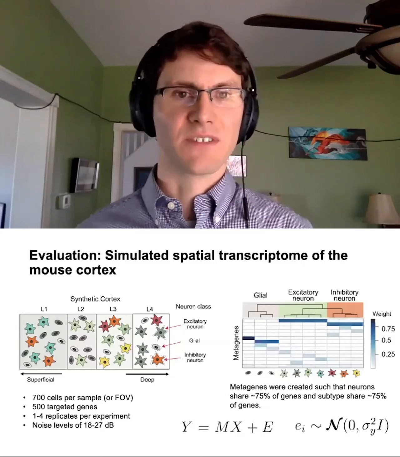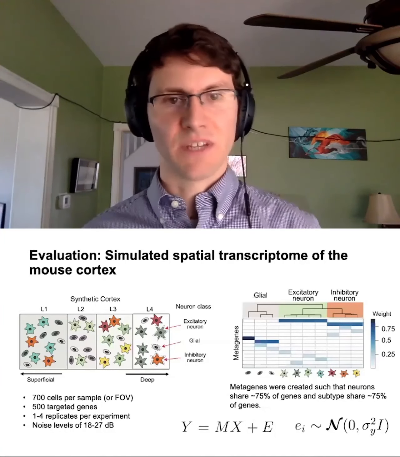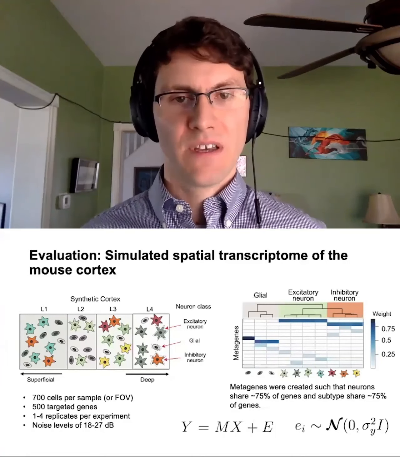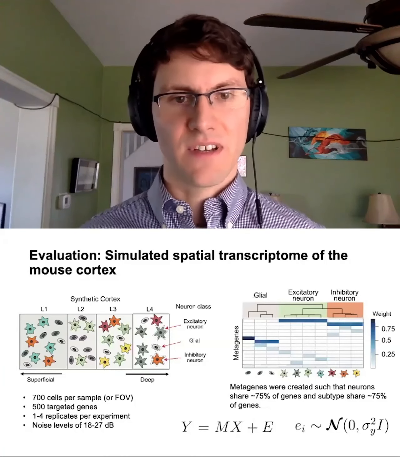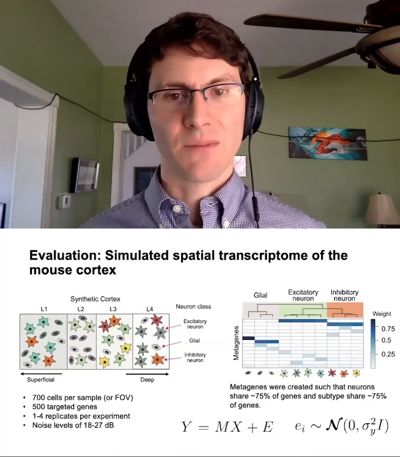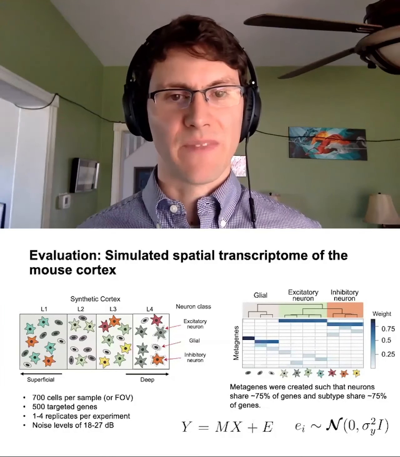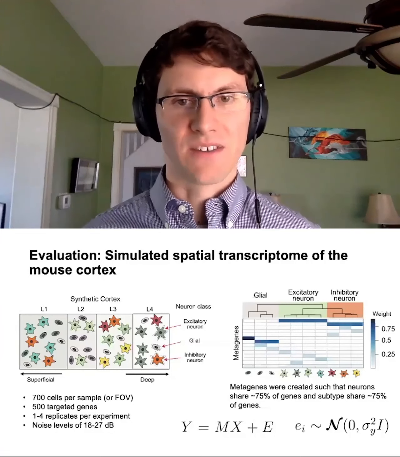like inhibitory neurons. So in our simulated data, underlying these major cell types are the metagene compositions that give rise to them. And we constructed the data such that each cell type has a common metagene that it shares, and then there are subtype-specific and layer-specific metagenes that define these different subtypes or spatial patterns.